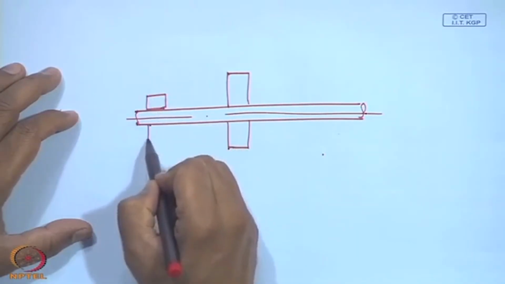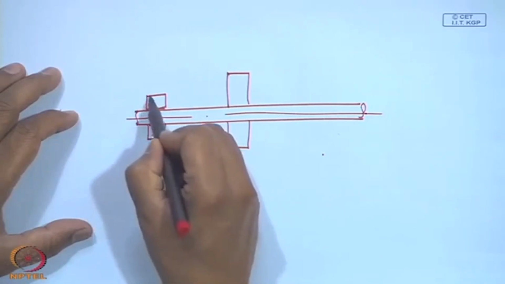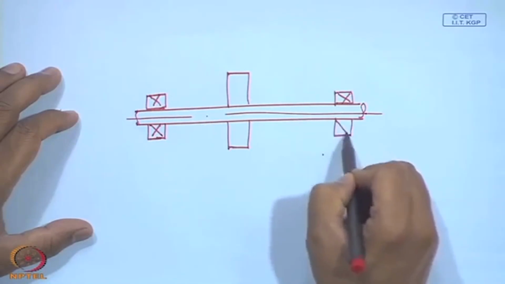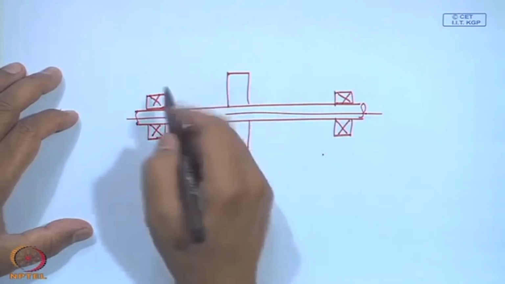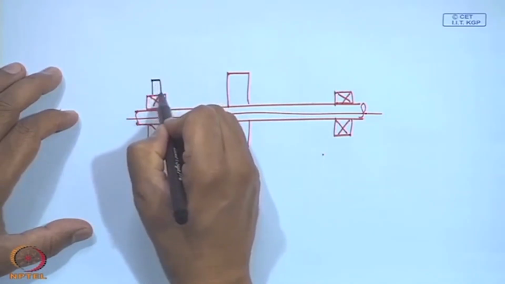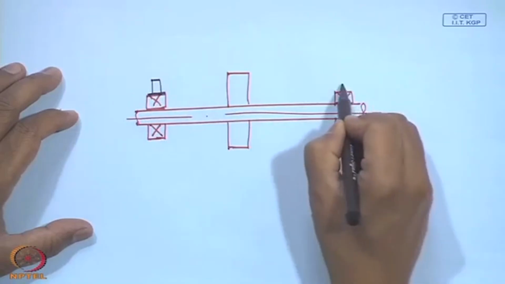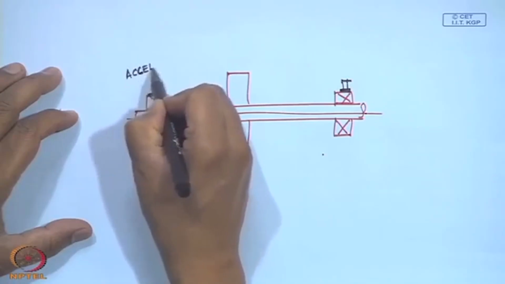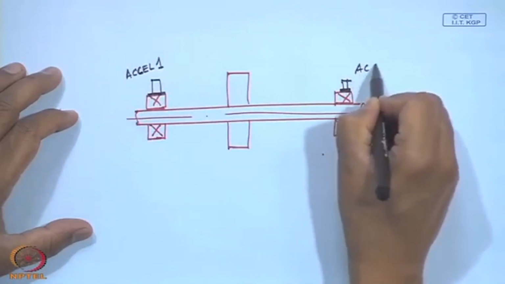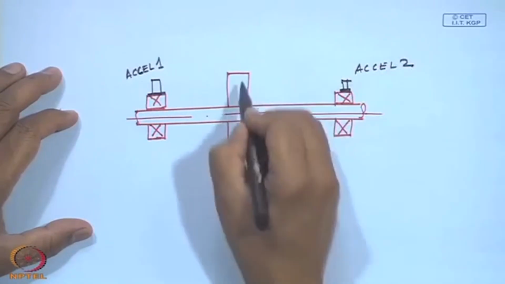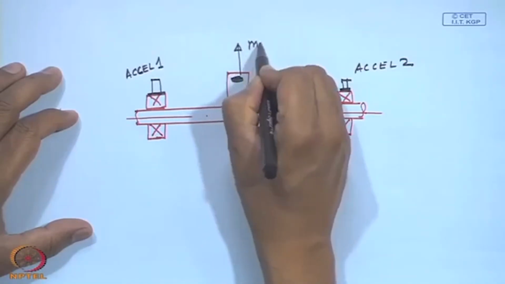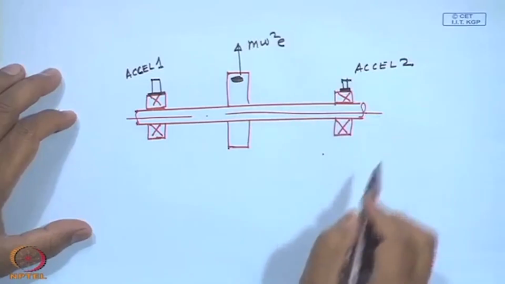The rotor is supported on bearings, and what I do here is put an accelerometer at axle 1 and axle 2. Because of the unbalance, I am getting an m omega square E unbalance force.